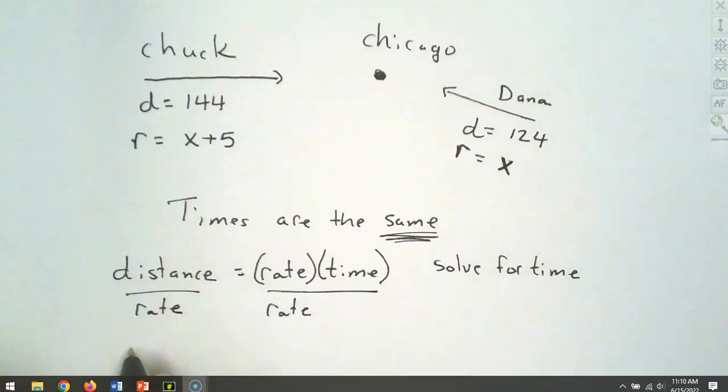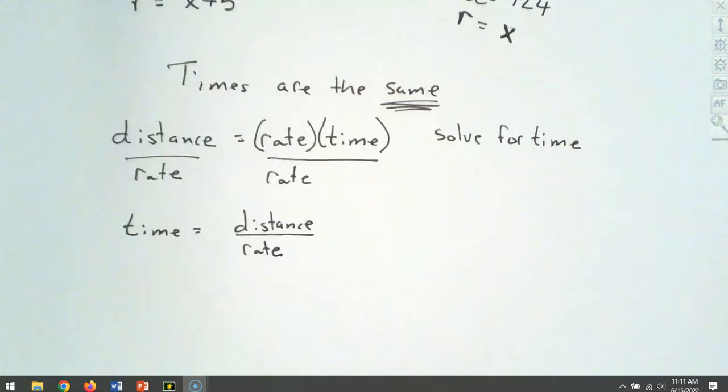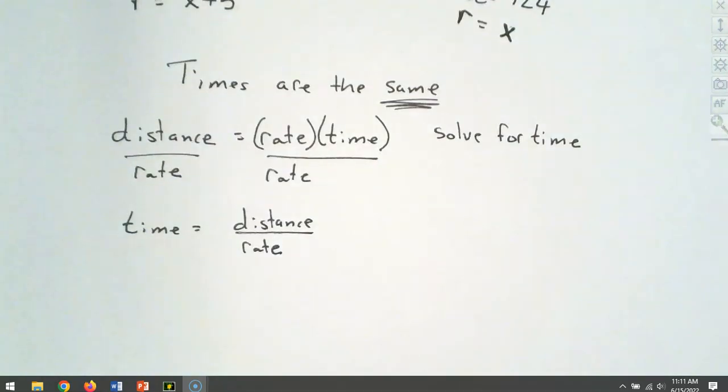And now I get my time is the distance divided by the rate of speed. So that's our formula there.